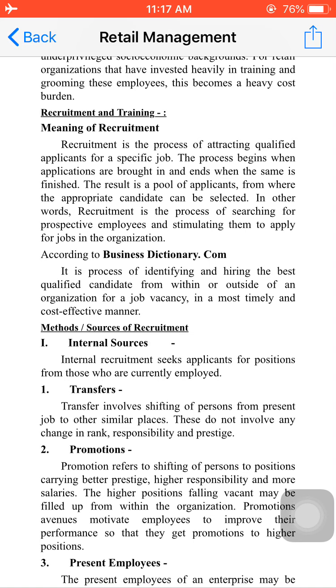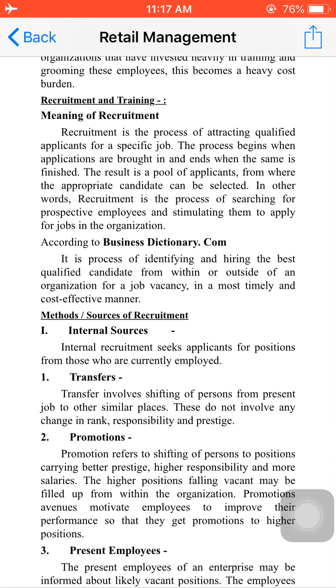We can see these in newspapers, magazines, as well as emails and messages. These are various kinds of attracting. The process begins when applications are brought in and ends when they are finished. The result is a pool of applicants from where the appropriate candidate can be selected.